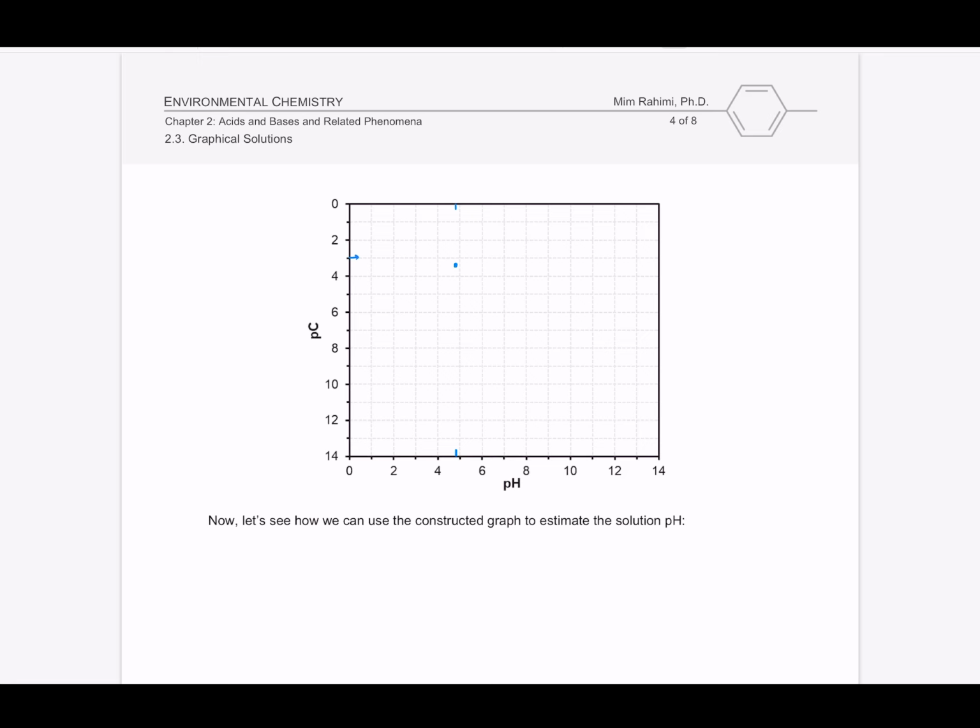So this is where the PR line and HPR line would cross at the pKa. But now let's see how it would change at a pH that is moved a little bit to the left or to the right. Let's see how the trend would change if we go either this way or this way.